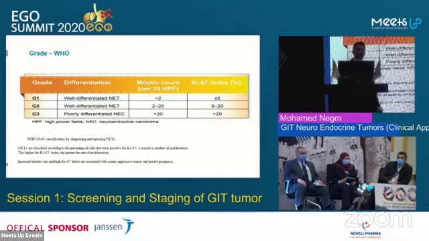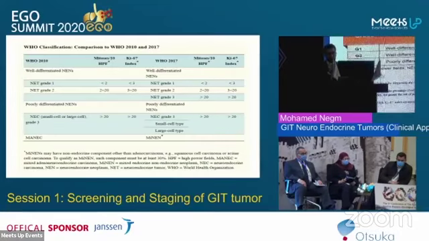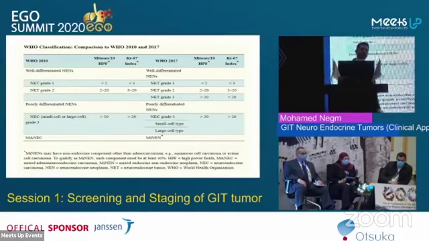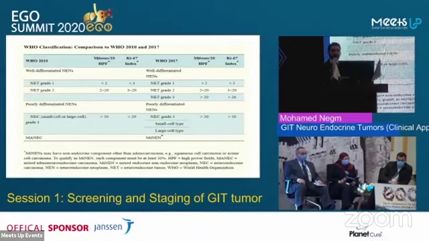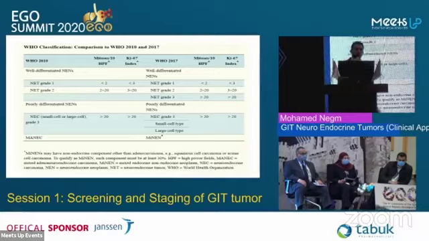And this has been a debate over the years. The WHO has proposed many categorizations over the years since 2000 and then 2010, as we see here. And then that was updated in 2017. So what changed between 2010 and 2017? The basic idea is that they divide them into well-differentiated neuroendocrine tumors and poorly differentiated neuroendocrine carcinomas.